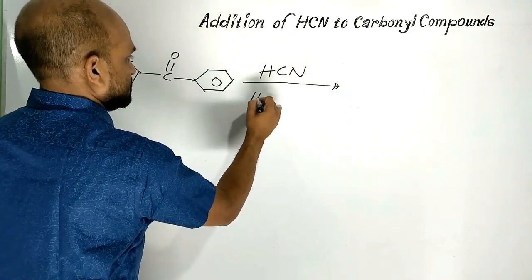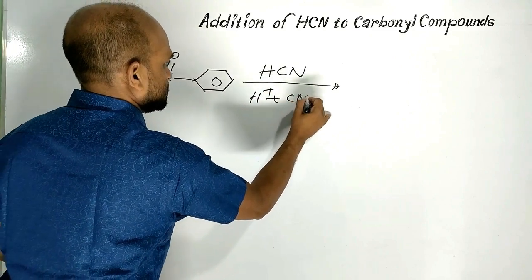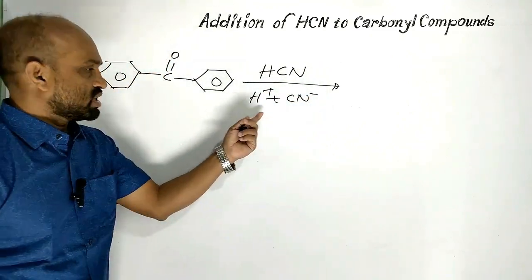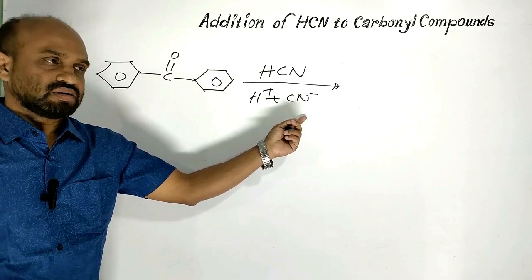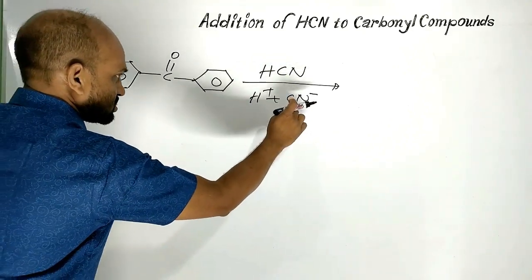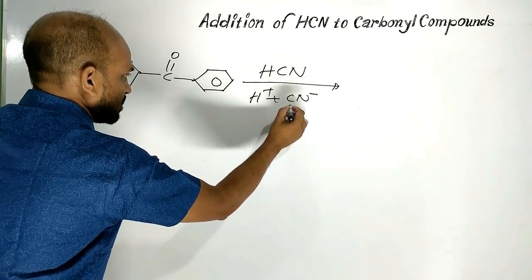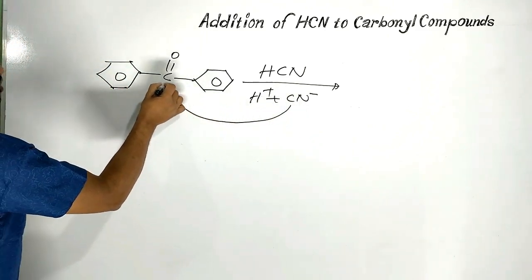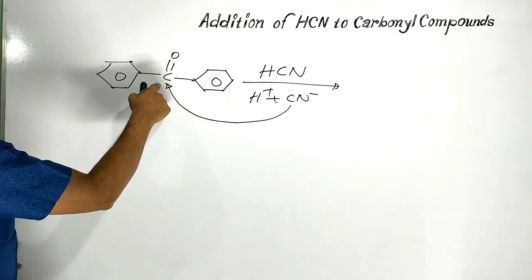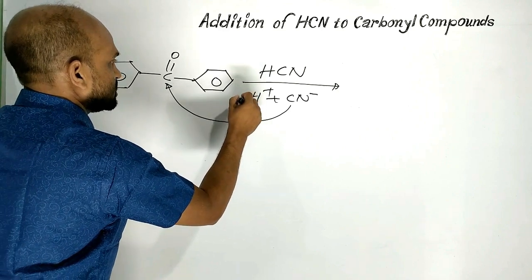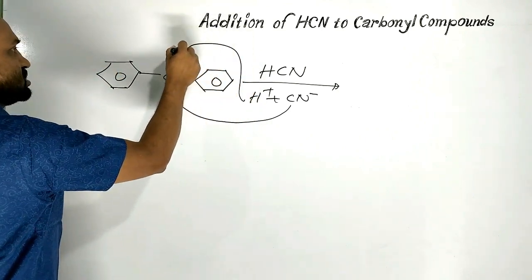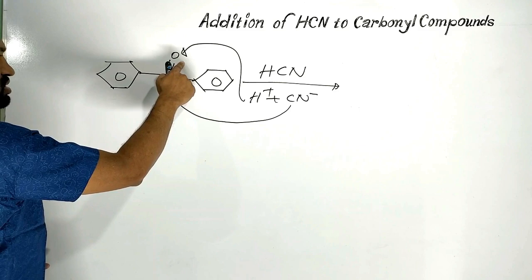hydrocyanic acid that produces proton and cyanide ion. Here, cyanide ion is supposed to combine with positively charged carbon and proton is supposed to combine with negatively charged oxygen.